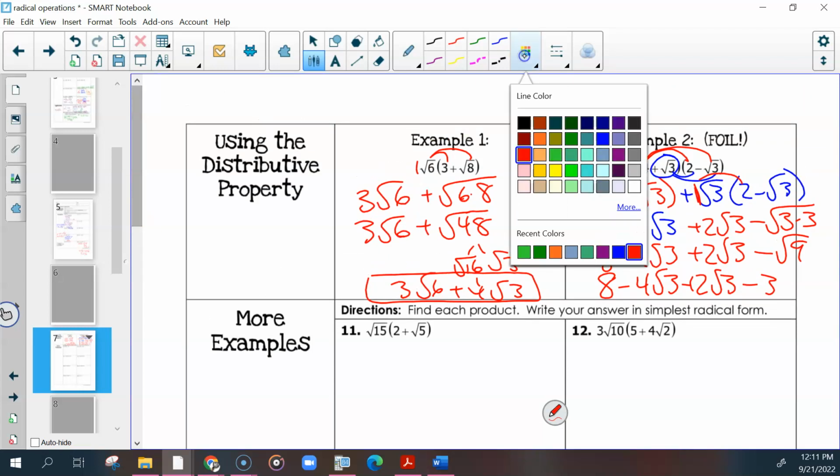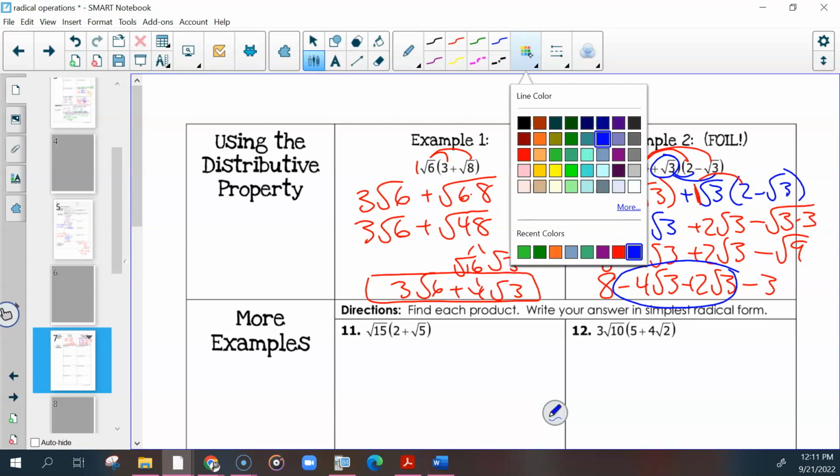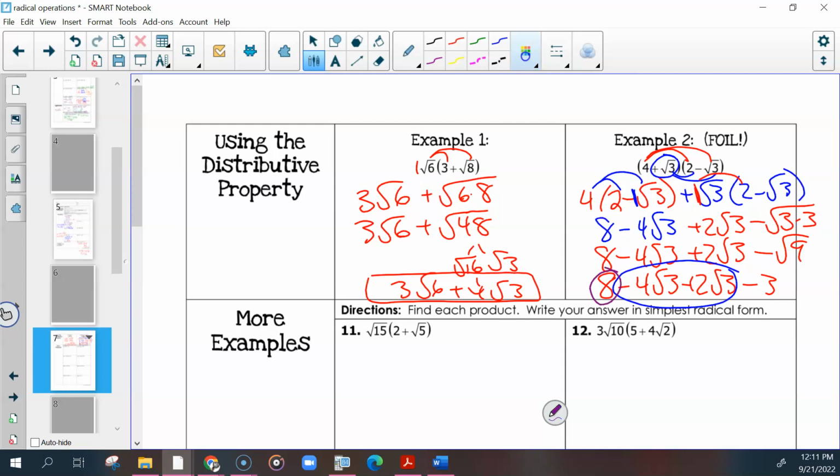Square root 3's we could combine together. Anything else we could combine together? 8 minus 3, because we simplify them. Okay, so what would that be when we simplify it?